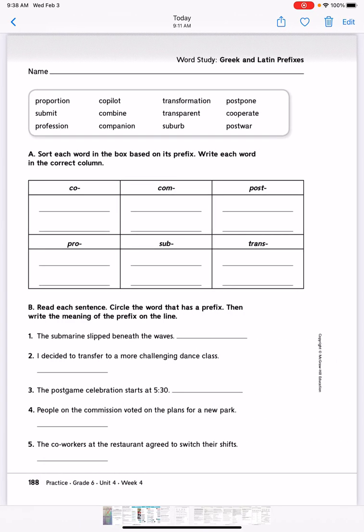Okay? On page 188, again, this is Greek and Latin prefixes, kind of like our spelling list. First of all, at the top, you sort. At the bottom, however, what I want you to do is identify the prefix in the sentence and tell what it means. So you would look at the first one at the bottom and you'd see submarine.